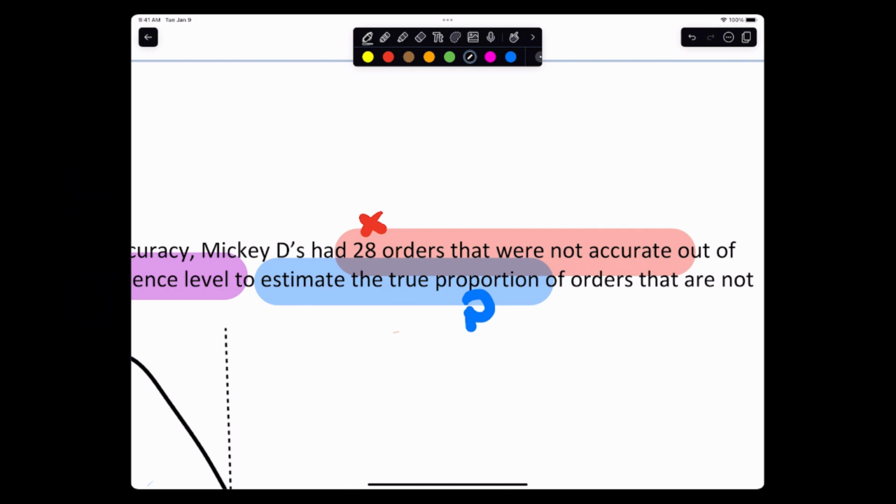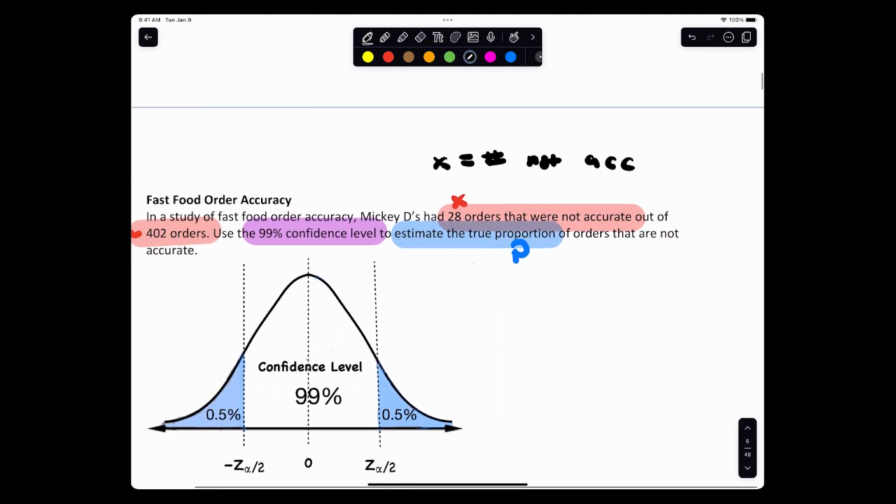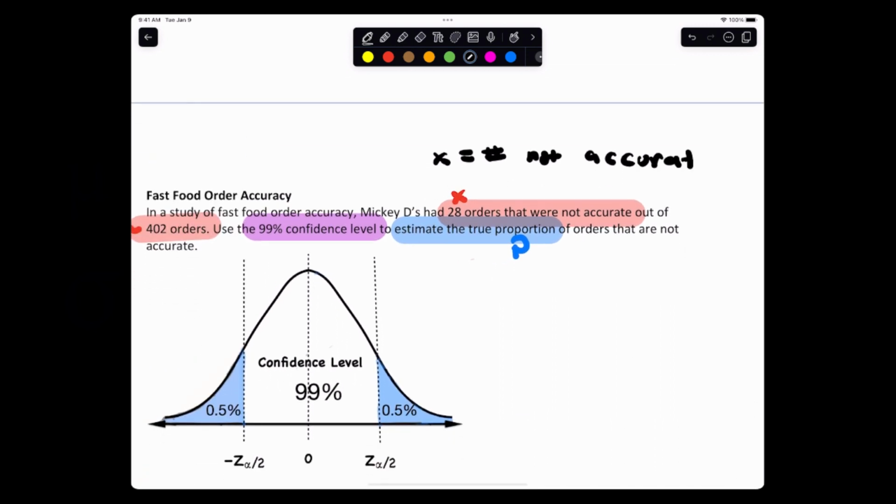So X counts, so this is a success. X equals the number of not accurate orders. I want you guys to understand that because they're looking at this rate of being not accurate. They didn't say being accurate, not accurate.